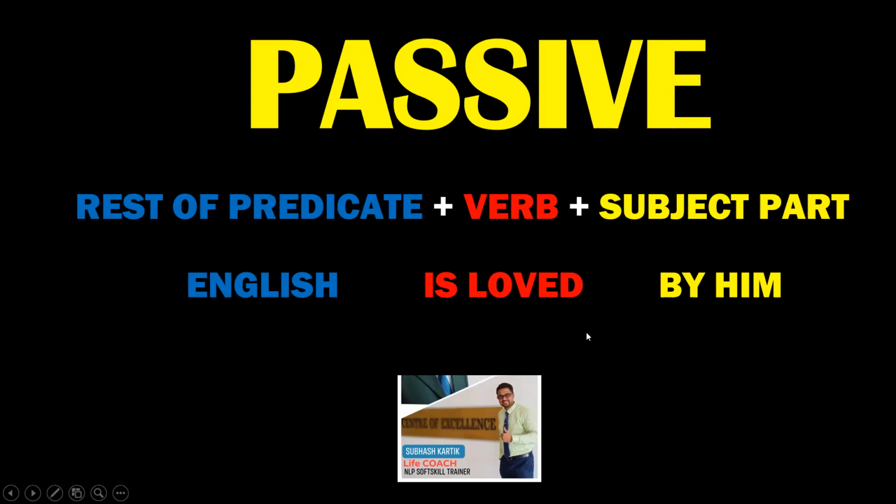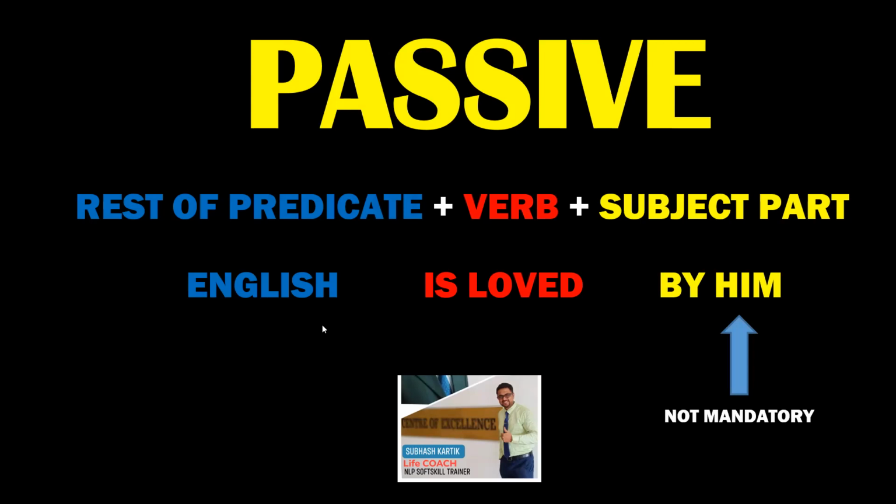But nowadays this by or him is not mandatory. Because why we are unnecessary? हम हिंदी में ऐसे बोलते हैं, हम सिंपल बोलते हैं खाना बन रहा है. हम ऐसे नहीं बोलते खाना मेरी मम्मी के द्वारा बन रहा है. We don't speak in our native language, so why we are unnecessary creating such a lengthy sentence in English?